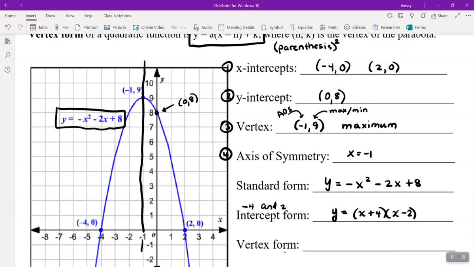The vertex form, we're going to use the vertex. And the vertex in this case happens to be, where do we write it? (-1, 9). I'm not explaining how to do it just yet, okay? I'm just telling you that we are going to be able to do this. Just with having the vertex, I can write the vertex form.